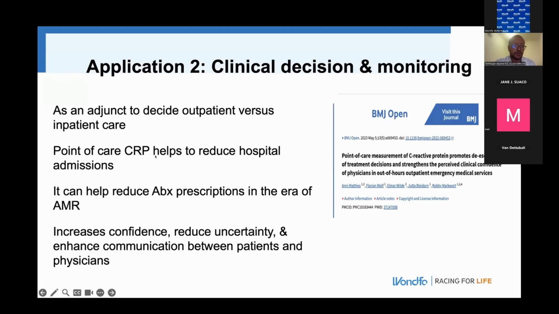It was, I think, done in Europe, and they assessed patients where point of care CRP tests were used to reduce hospital admissions, and it really helped them to revise their antibiotics prescriptions, deciding if someone actually needs the antibiotics or not. And it helped to increase confidence, and it also reduced uncertainty of putting the patient on antibiotics or not. And it helped to have better communication between patients, physicians, and so on.